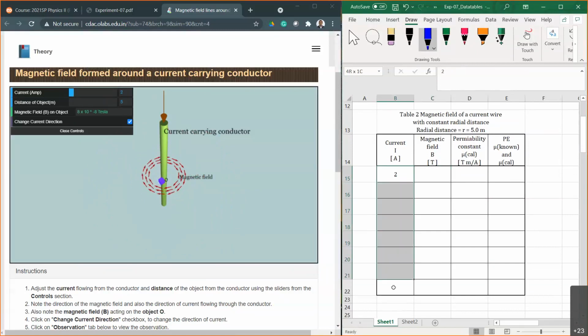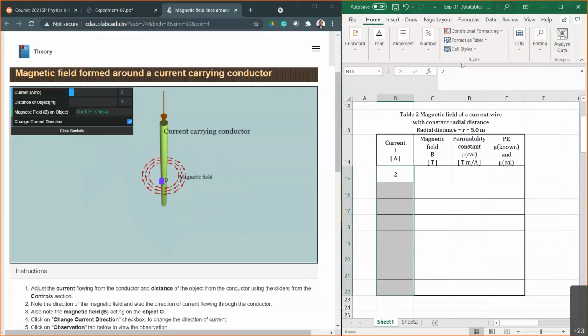Make sure you add one decimal place purposely, one significant figure. Magnetic field about 8 times 10 to the negative 8. That's a very small number. 8.0 times 10 to the power minus 8.